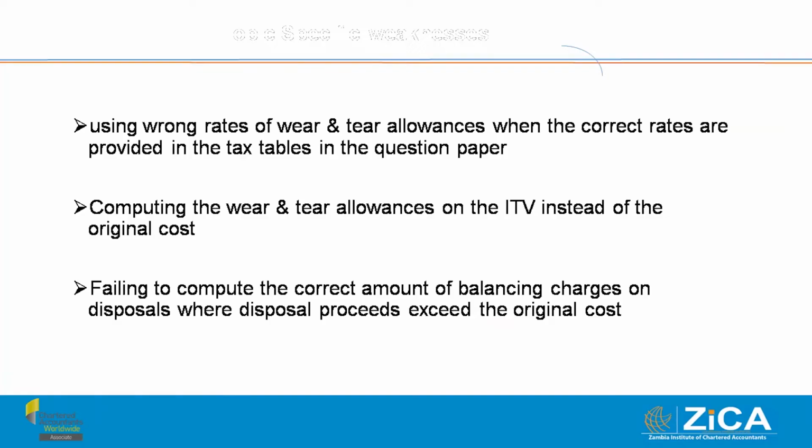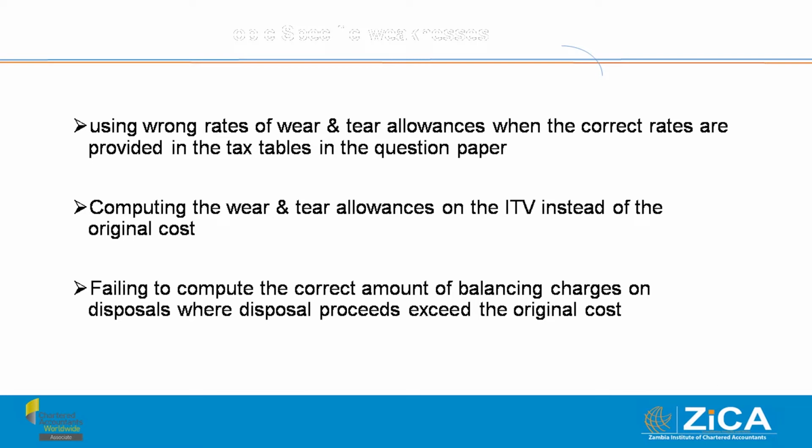Specifically, when it comes to computing capital allowances, some of the challenges which students face is that they use the wrong rates to compute the wear and tear allowances, which is surprising because the relevant rates for capital allowances are always provided in the examination paper. So students are encouraged to make use of the taxation table which is provided in the examination paper to avoid using the wrong rates when computing capital allowances.